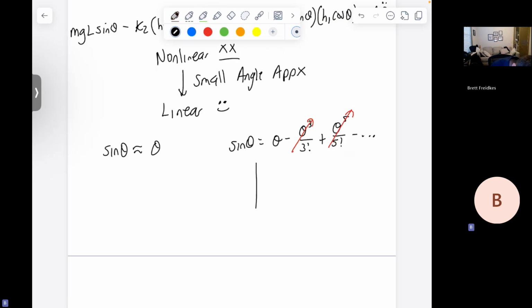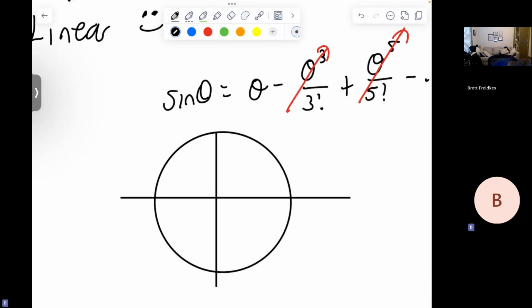From a unit circle perspective, if I draw a unit circle and I have a tiny angle theta, this is theta. This is the distance above the x-axis. This ends up being approximately equal to theta when that theta is very tiny.